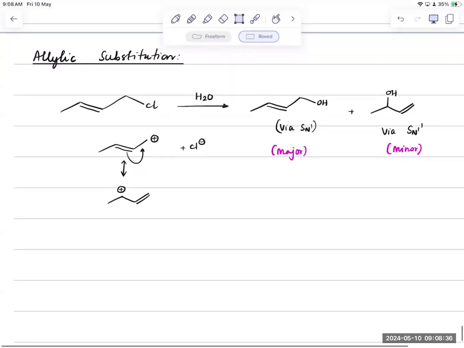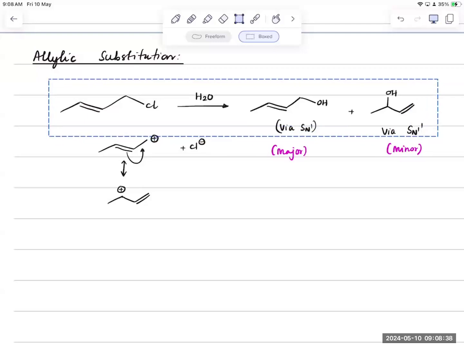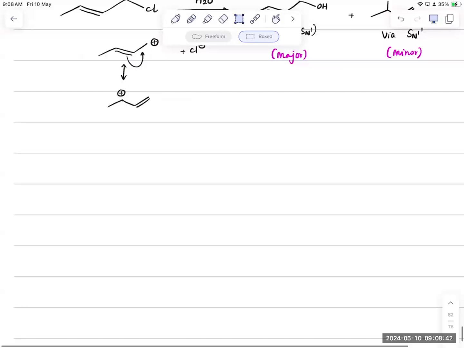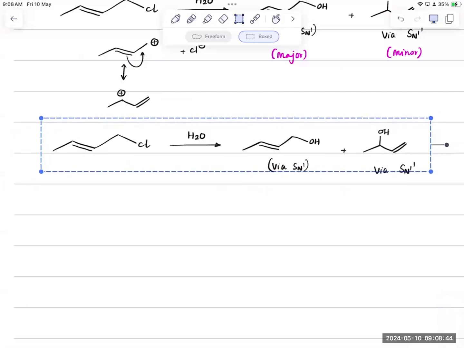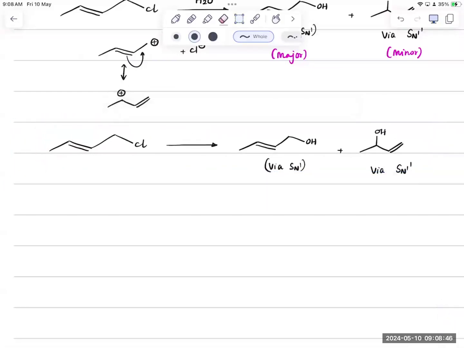Now, if the same reaction is being given here, the same allylic substitution, but instead of H2O, we are taking OH minus, and OH minus is a strong nucleophile. So since it is a strong nucleophile, you will get these two products again, but this is via SN2, while this is via SN2 prime.